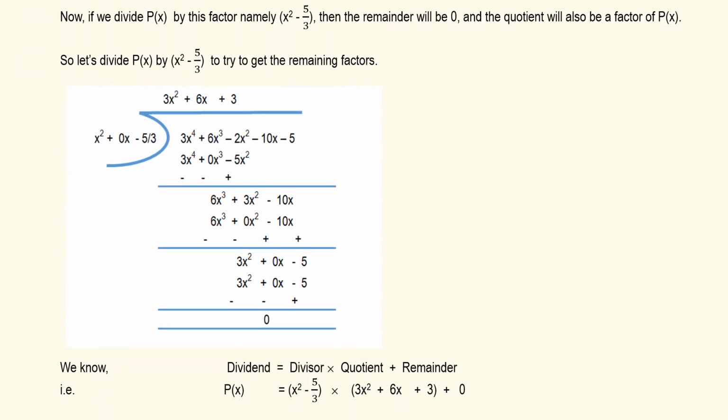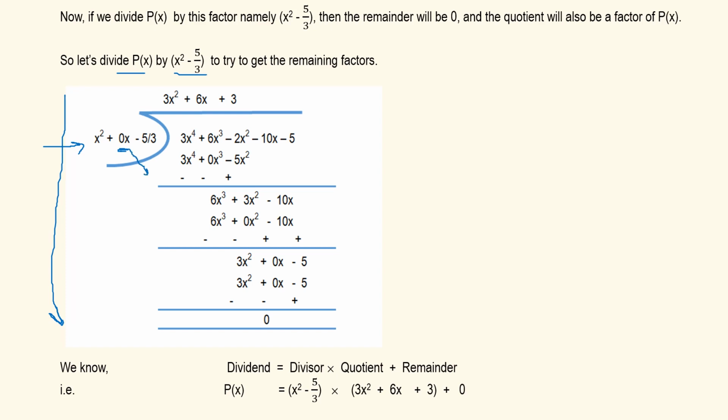Okay, so now we are dividing polynomial p(x) by x square minus 5 by 3, and the steps to carry out that division are shown here. We have the factor x square minus 5 by 3 written here. We have added a term 0x so that spacing is very easy during the division process.